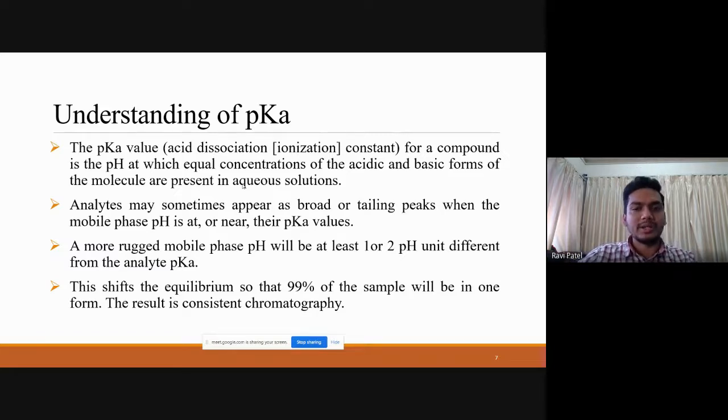Then 99% of the drug is either in ionized state or in unionized state, so whatever tailing or peak broadening issue there was, we overcome by selecting this pH. Based on the pKa value, we generally select the pH of our mobile phase. That's why the pKa value of any compound is important.